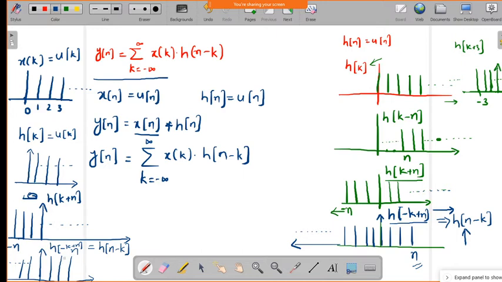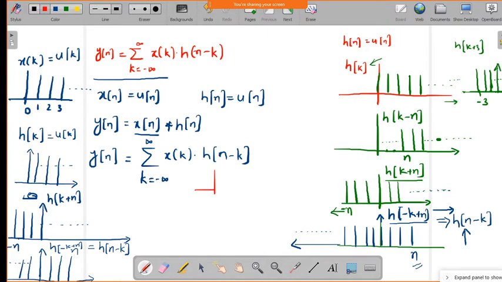So now we need to convolve these two signals, x of k and h of n minus k. If you convolve these two signals, then you will get the resultant. So now write it separately, this one and this one. You will come to know how to convolve and what value we need to set for the summation over k.